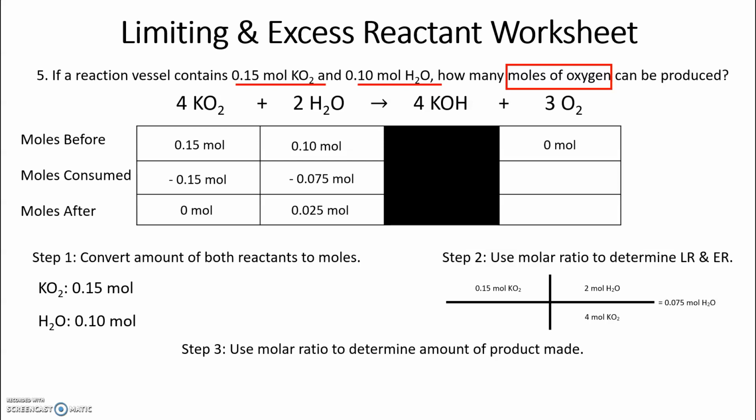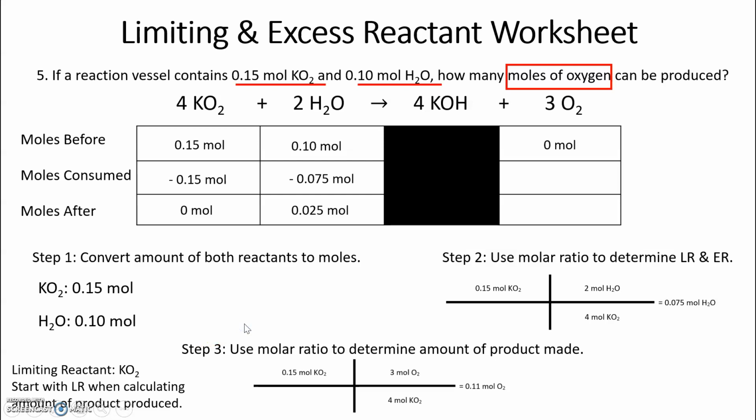That's your limiting reactant. So now that we know the limiting, we can very easily determine the amount of product produced. So we need to start with our limiting reactant, which again is KO2, and we need to convert that to moles of product produced. So this will be another one-step railroad track, very simple. We're starting out with that 0.15 moles of KO2 because that was our limiting reactant.